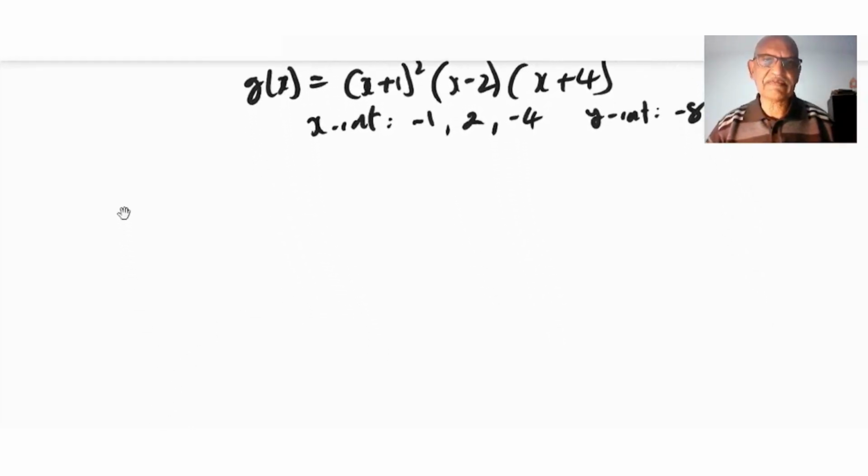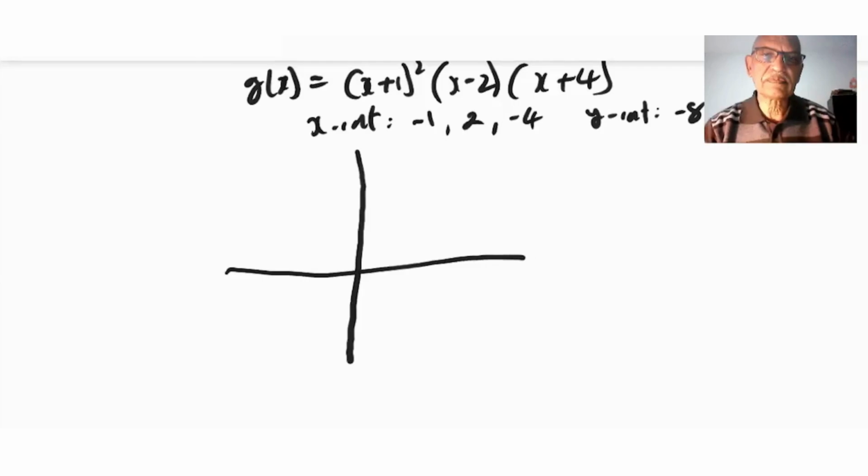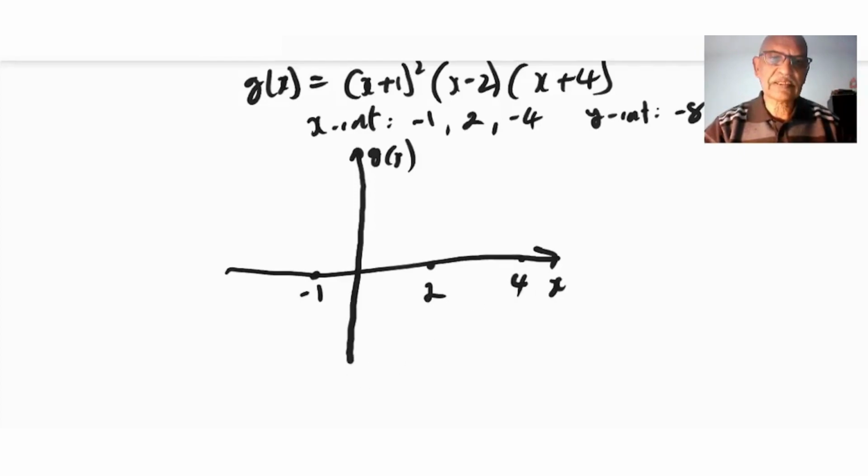Okay, now I sketch the graph. For g(x), the x-intercepts are negative 1, which is double, 2, and negative 4. The y-intercept is negative 8. Since it's even and starts from the first quadrant, it ends up in the second quadrant.